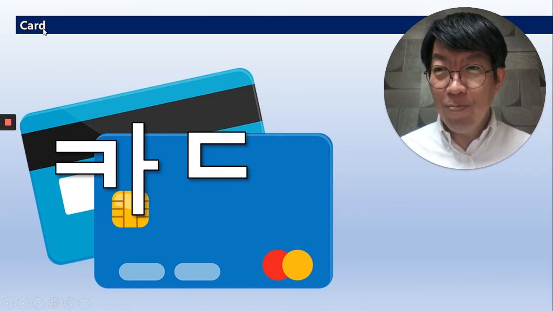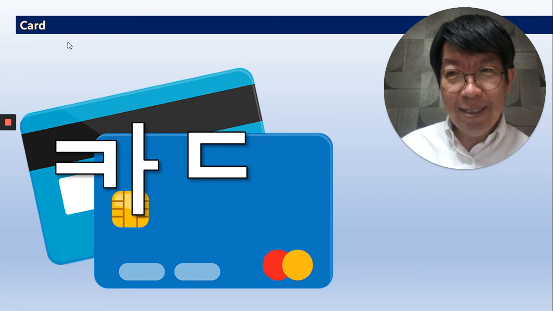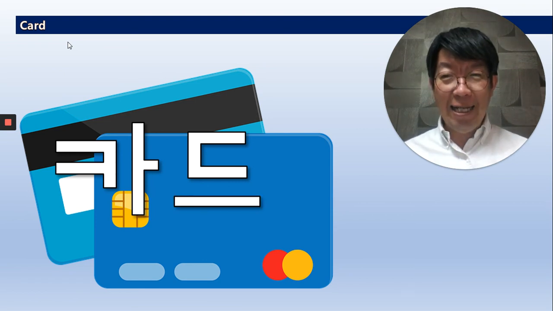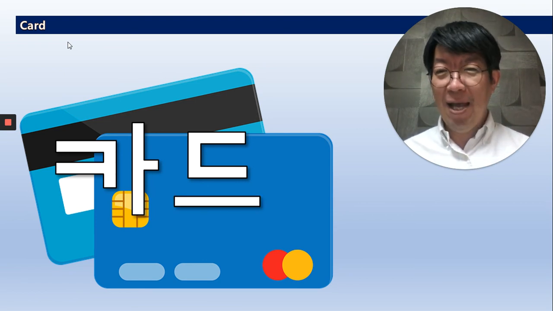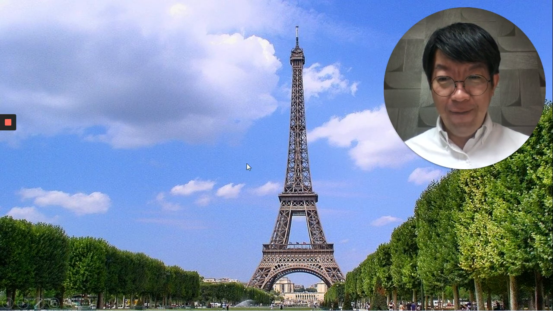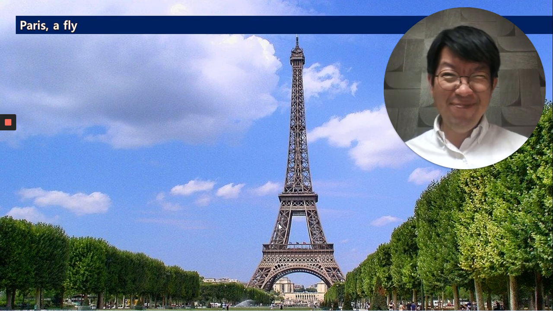So here, because there is no vowel behind the d, we need a helping vowel. What is the helping vowel? U. So we put U here. Card. And this one, oh, the Eiffel Tower in Paris, the capital city of France is Paris, right?